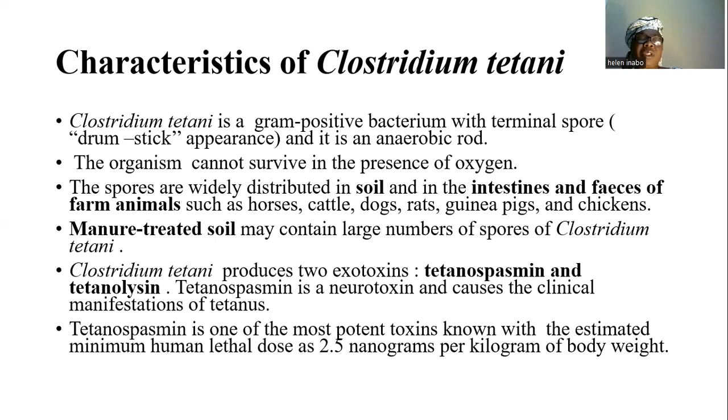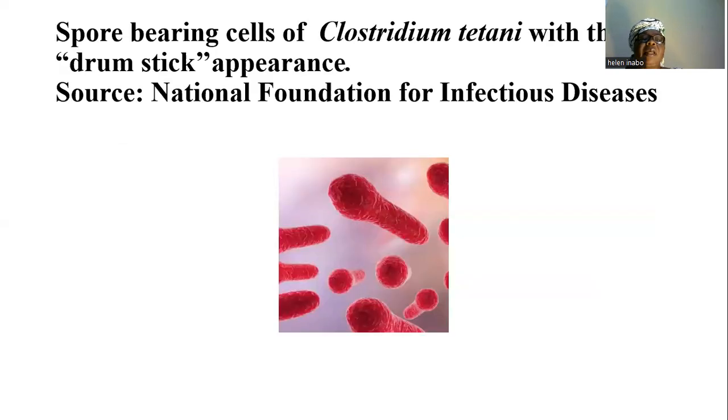Tetanospermine is a neurotoxin, that is, it affects the nerves and causes the clinical manifestations of tetanus. Tetanospermine is one of the most potent toxins known, with the estimated minimum human lethal dose as 2.5 nanograms per kilogram of body weight.